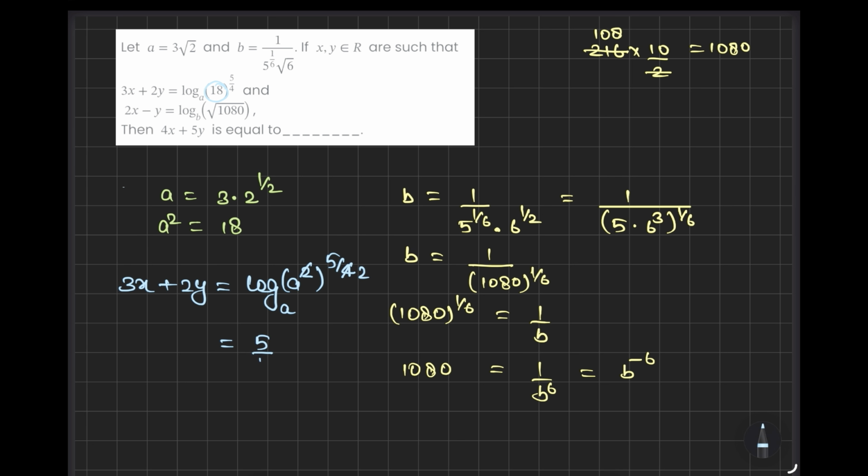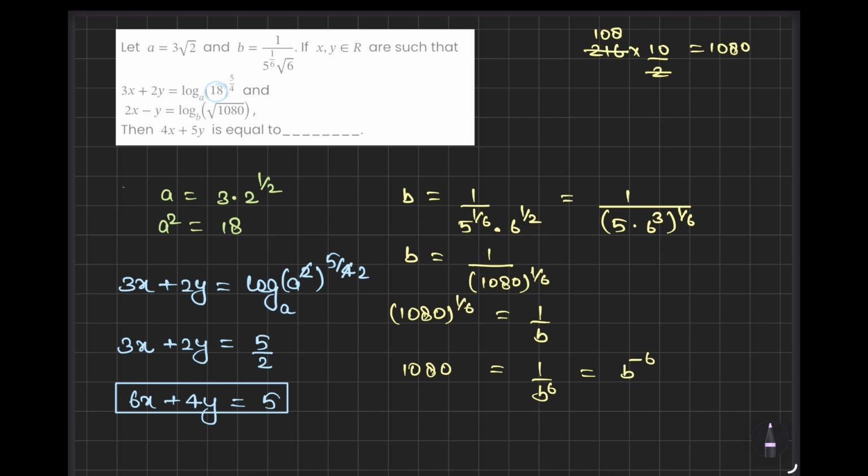So 5 by 2 log a base a, and log a base a is 1. So we got our updated equation 1. Let's multiply both sides by 2. So it is 6x plus 4y equals 5. This is our first equation.